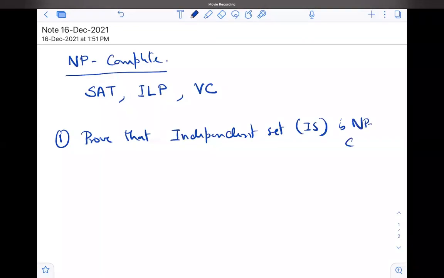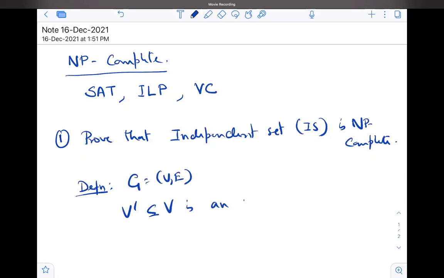Now, what is an independent set? Given a graph G, a subset V prime of V is an independent set if between any two vertices U and V in V prime, the edge UV is not in the edge set.